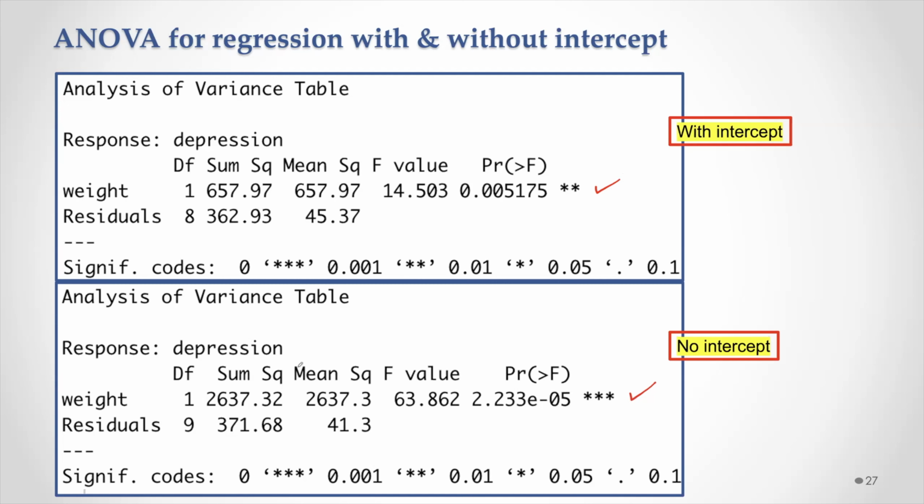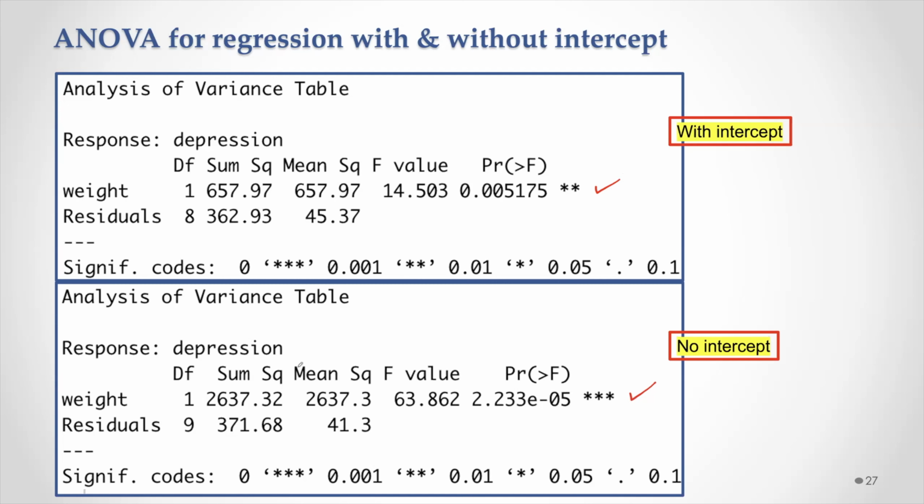And one major difference that I mentioned earlier is residual degrees of freedom. So total data points are 10, and if we are not estimating the intercept, we are estimating one less parameter. So we are only estimating the slope.